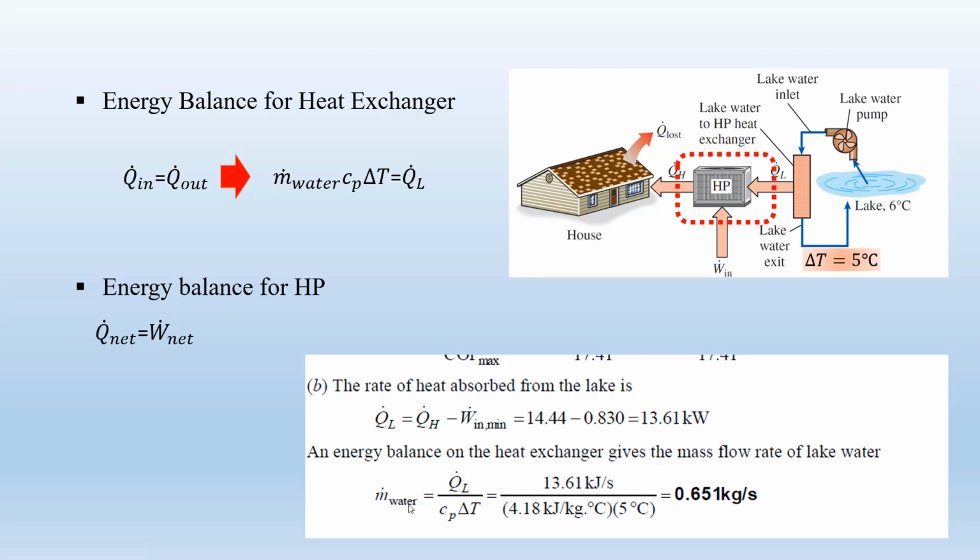Again, guys, this is the procedure to solve problems in this chapter 7 and chapter 9, because you are dealing with more than one equipment, you are dealing with a cycle. I recommend you draw a schematic of the process. This is the first step. The second step, please add all available information to that schematic.